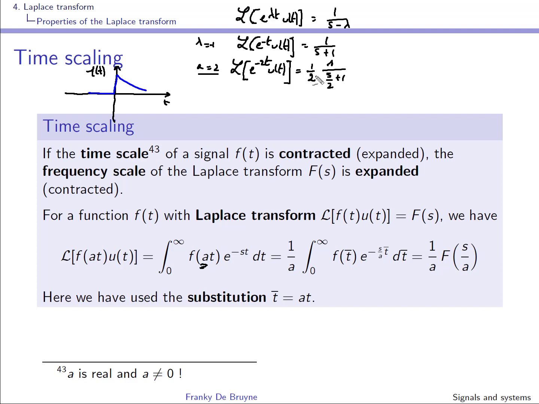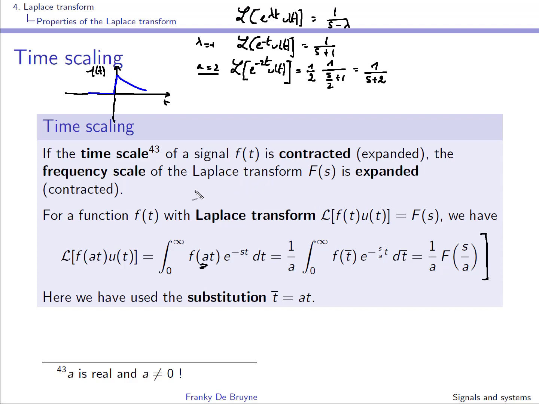And if you multiply numerator and denominator by 2, you'll end up with 1 over s plus 2, and this is indeed what you expect. So you have indeed seen that this formula is correct.